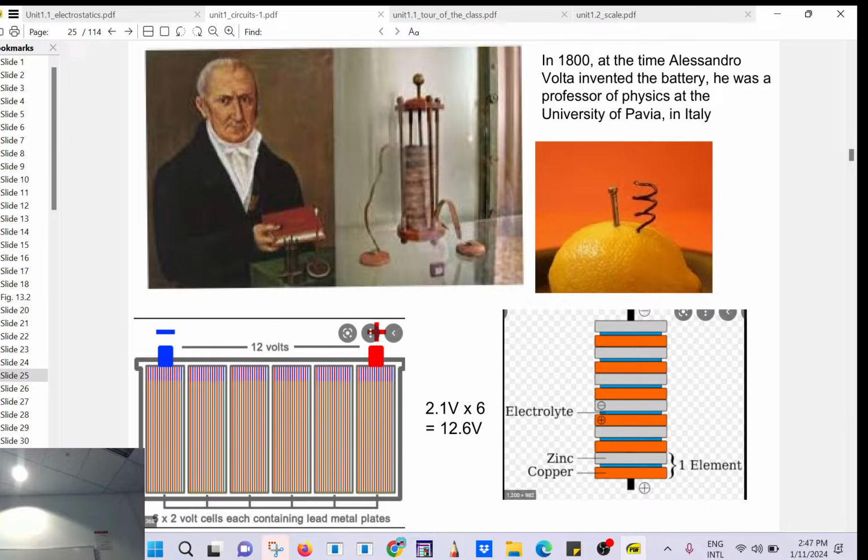So the outlet is providing us with 120 volts AC. The power supply here will be DC. Okay? So I'm still alive. Otherwise, we would have to have another professor.